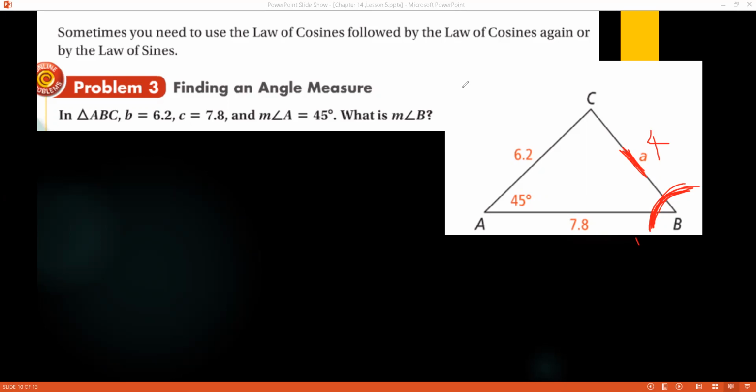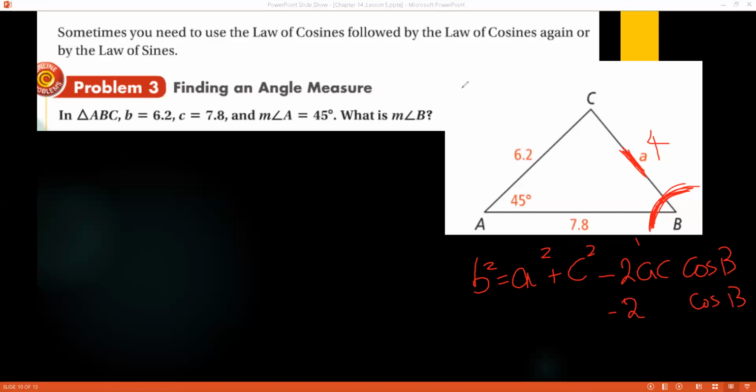So now if I want to use the law of cosine here, I need the length of side A. So if I want to use B squared, which is A squared plus C squared minus 2AC cosine B. So now cosine B, I want to find it. Minus 2. Now A is unknown, C is known, which is 7.8.